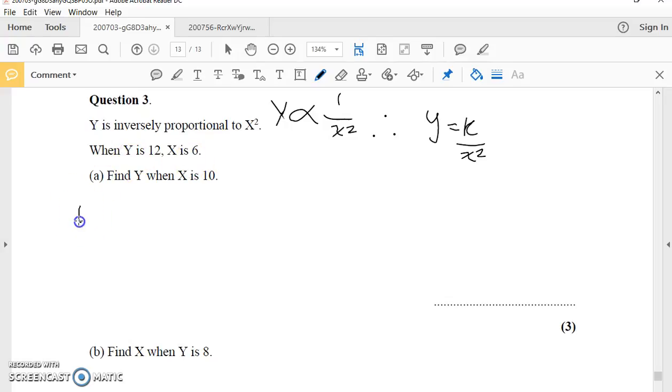So when y is 12, x is 6, so 12 equals k over 6 squared, so 12 equals k over 36. And I multiply both sides by 36, cancel out the denominator. So I get k equals a value of, sorry, I've done these all over the place, 432.